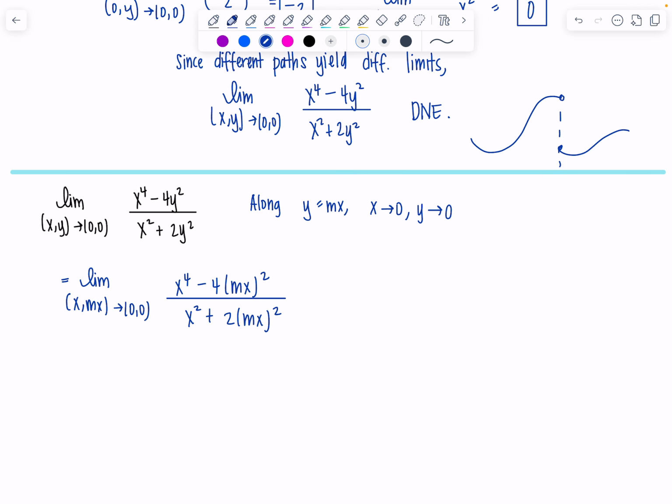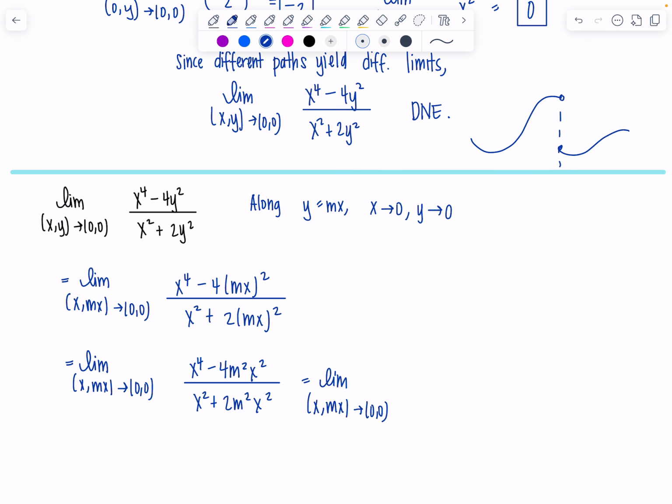Are you good? Okay, so then this is the limit as (x, mx) approaches (0, 0), and we have x to the 4th minus 4m squared x squared over x squared plus 2m squared x squared. And then clean up. You see how I can cancel out an x squared from everybody?